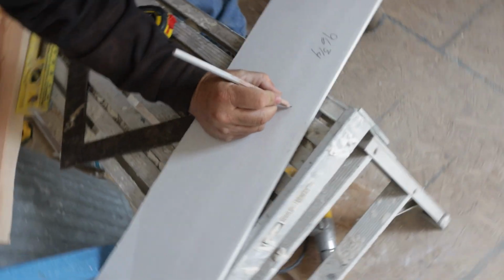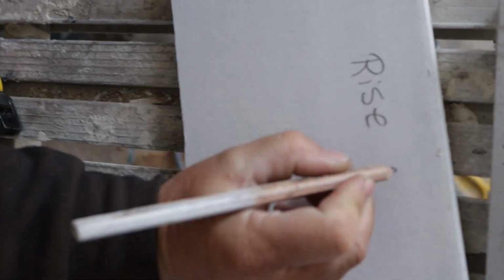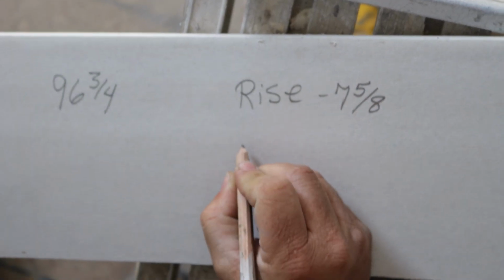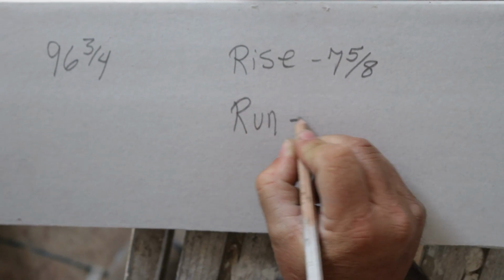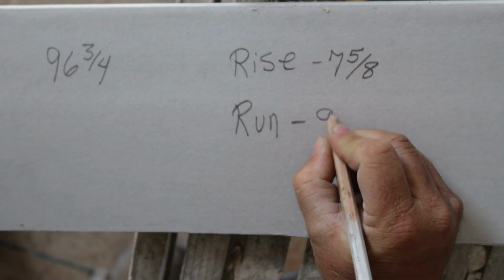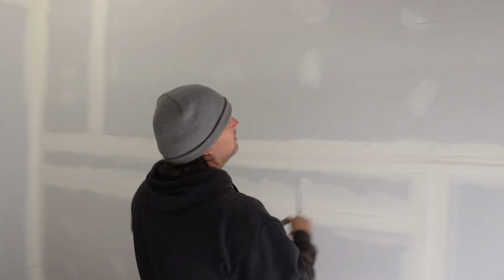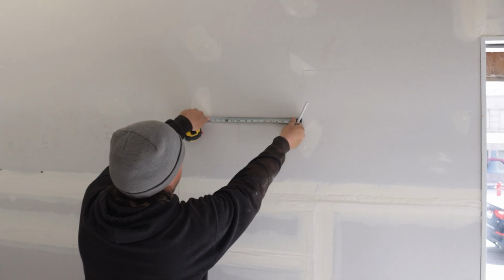So we have our rise is 7 5/8, and that's finished. And our run is 9 3/4. Usually the treads are about 11 inches, 11 1/4 inches. So when we look at this, we will put an actual tread.